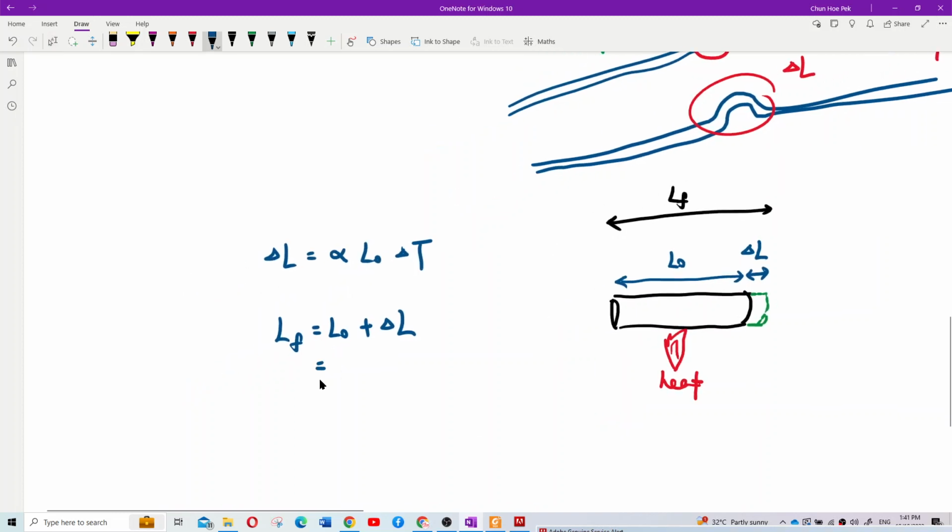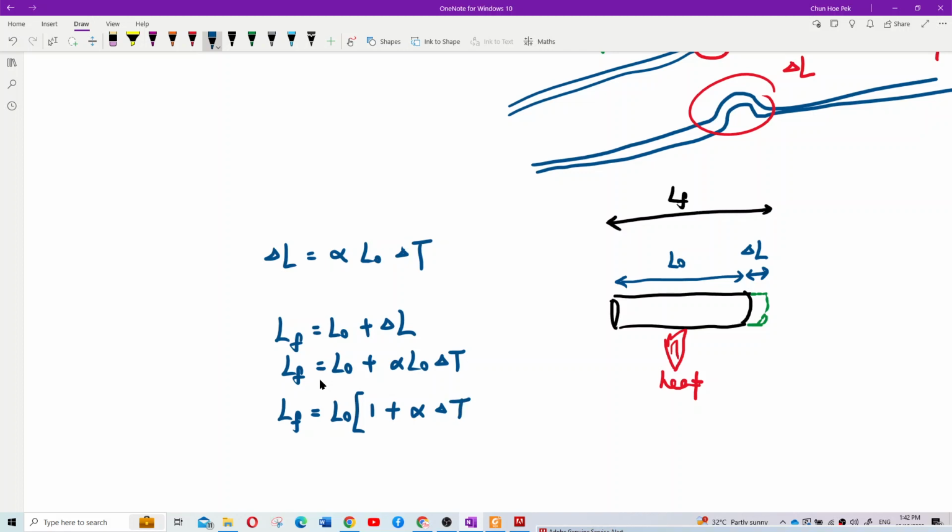Now you substitute the delta L with alpha L naught delta T, and then we can further get the formula. L naught you factor out, then you get 1 plus alpha delta T. See that?